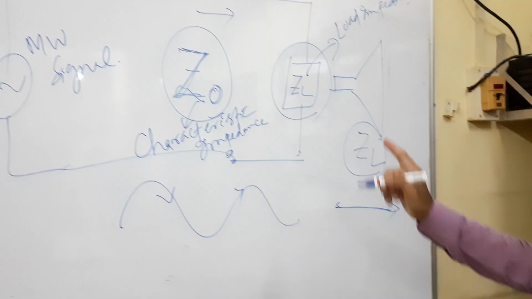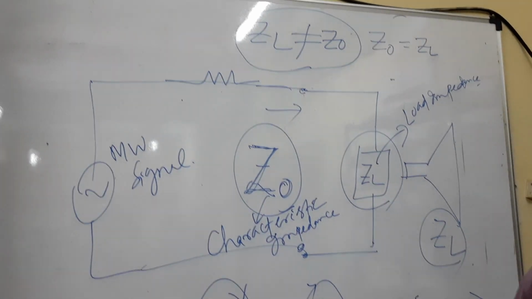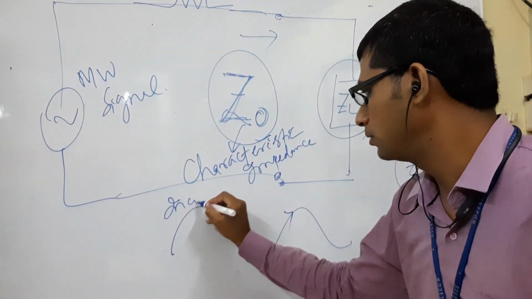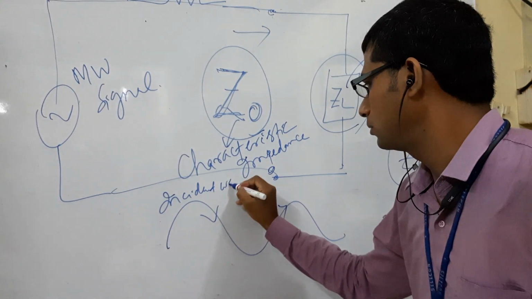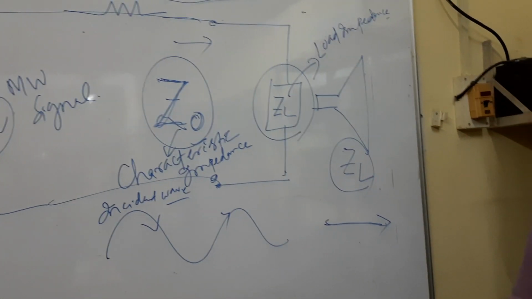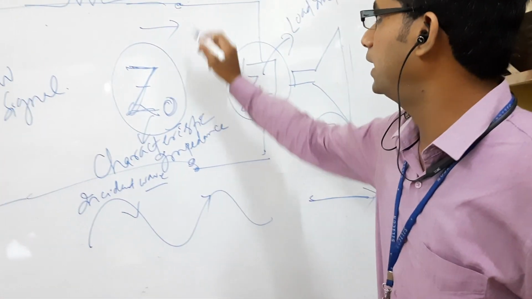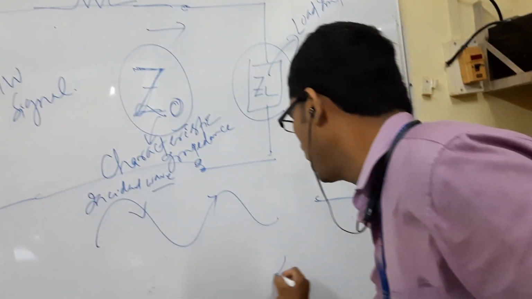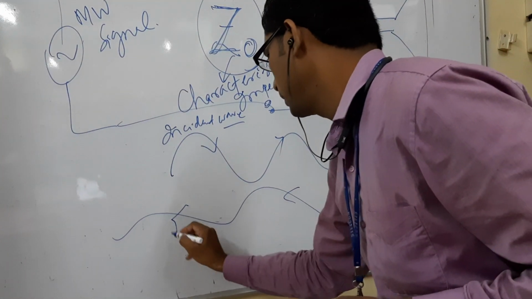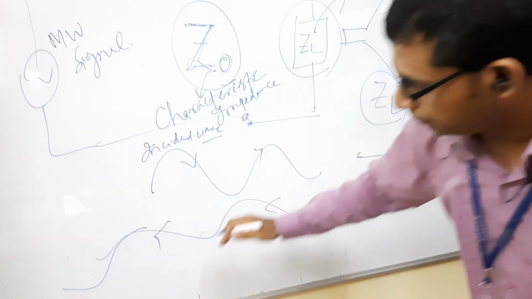But if there is a mismatch between Z0 and ZL, the standing wave results. This is the incident wave. If there is a mismatch between ZL and Z0, a reflected wave is generated. You can see some portion of the incident wave is reflected back.